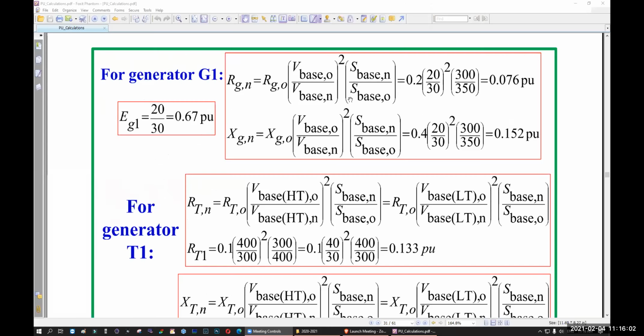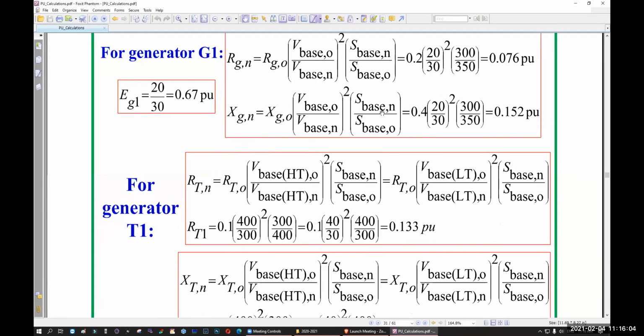Okay, let me check. Your generator one, S-base was 300. For transformer one, S-base new, 40, S-base new. They made a mistake here as well, okay? So do not follow my note.